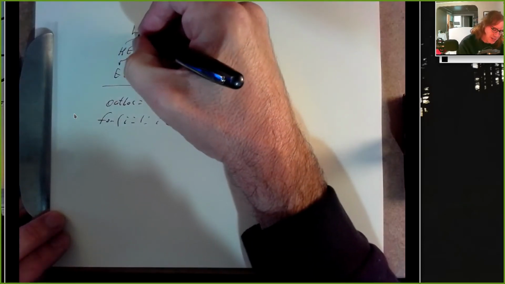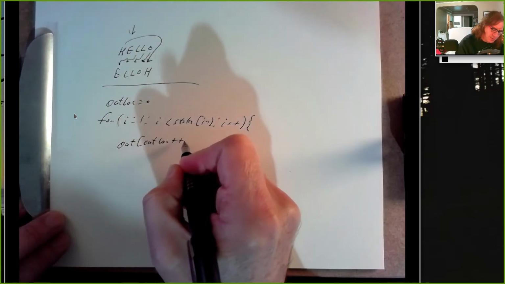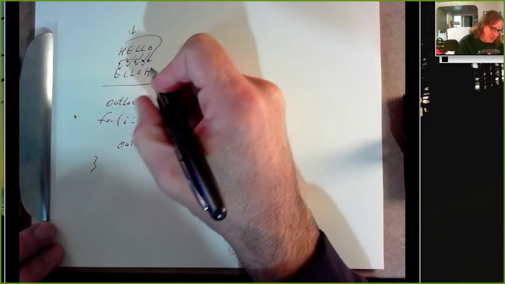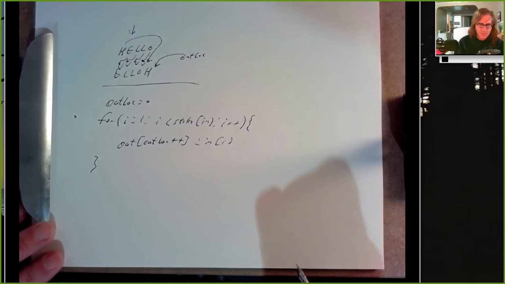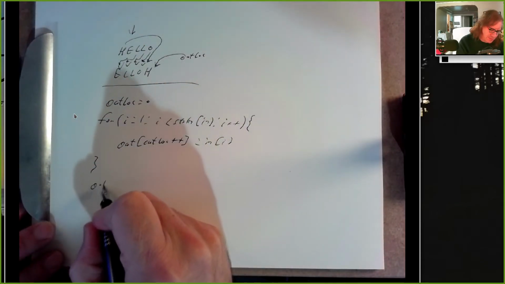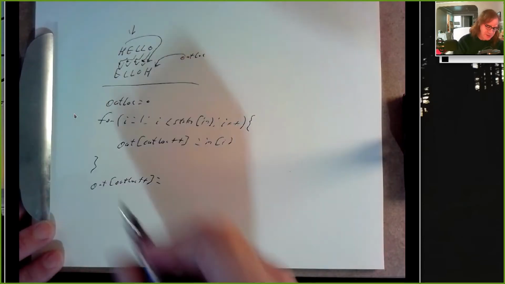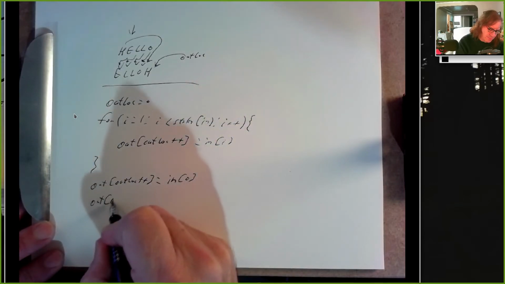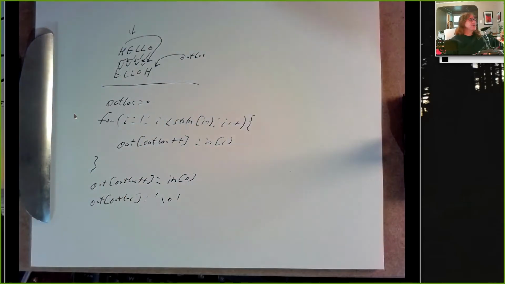So we'll start with the second character, and we'll say out bracket output location equals in bracket I. That will definitely copy the ELLO, and it will leave output location sitting right here. Then you just assign that to the first character in your string, and then throw on the null terminator at the end.